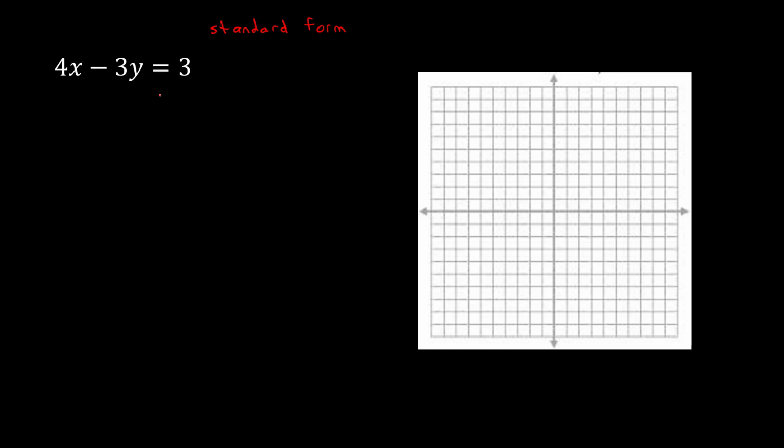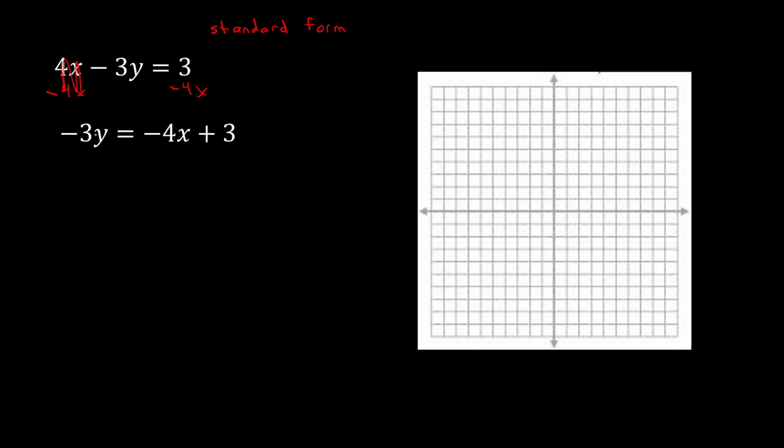So as far as getting this into slope-intercept form, you want to get y by itself. So get rid of the 4x, get rid of the negative 3. So we can subtract 4x from both sides. And we're going to have negative 3y equals, and then 3 minus 4x, or negative 4x plus 3, same thing. And then get rid of this negative 3.